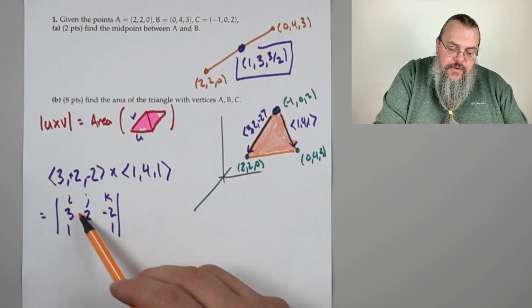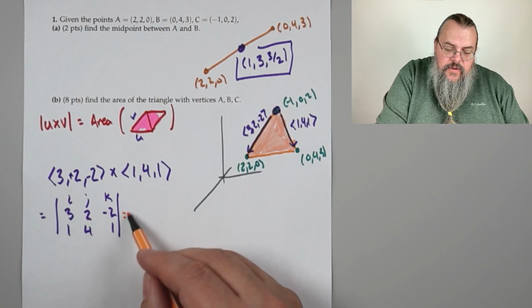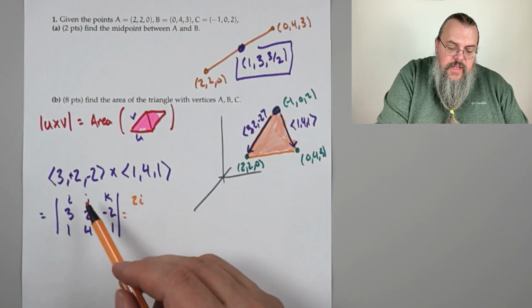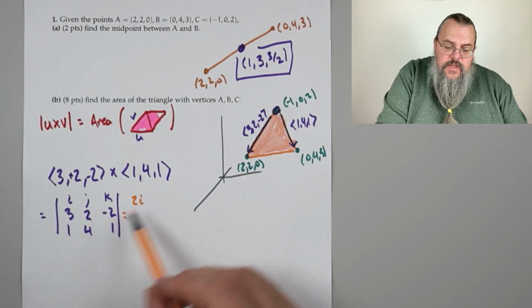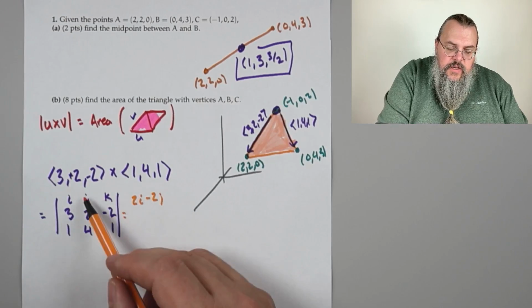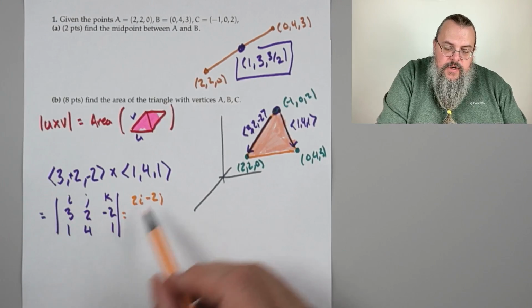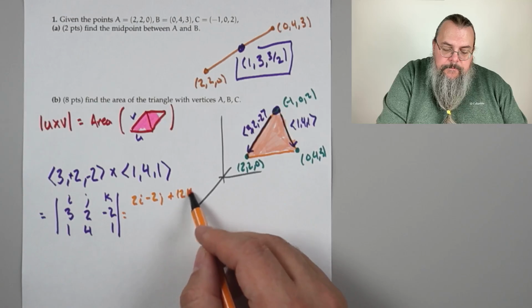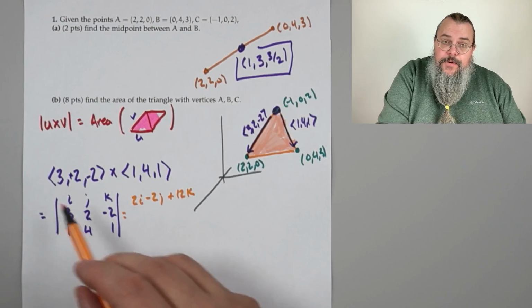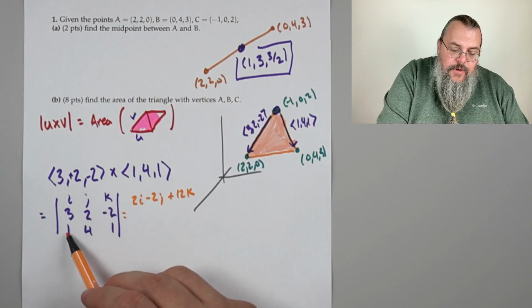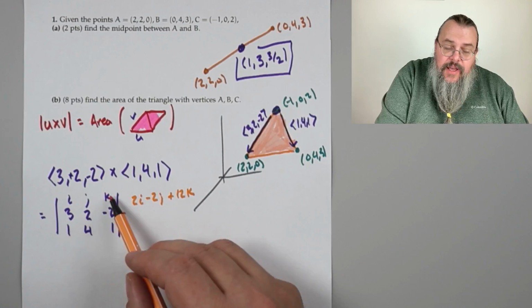So I times 2 times 1 is 2I. J times -2 times 1, -2J. Here, we hit a wall, so you just wrap around. K times 3 times 4, 12K. Okay, those were our downwards. Upwards, 1 times 2 times K, 2K.